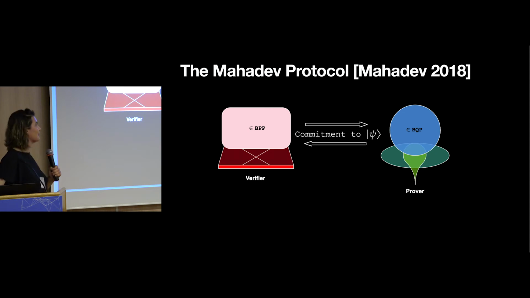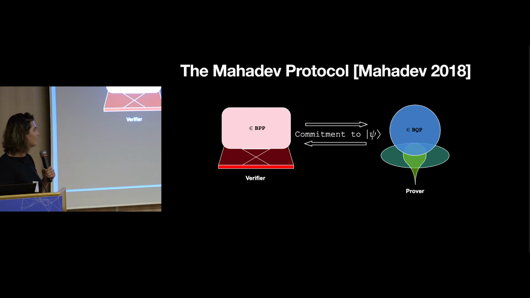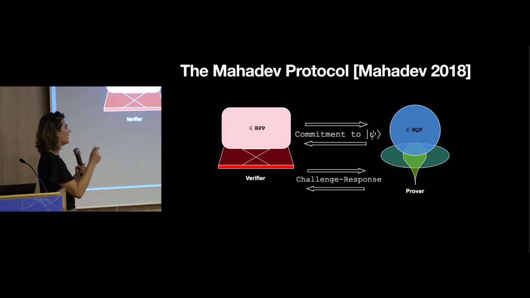The way this works in the Mahadev protocol is the verifier first asks the prover to make a cryptographic commitment to this quantum state. Then, through a series of interactions, at the end the verifier can test what the prover was doing and see whether or not it actually contains this lowest energy eigenstate in its space.